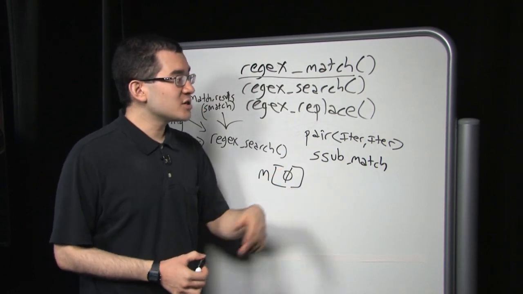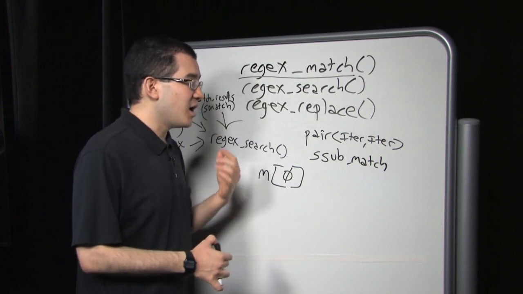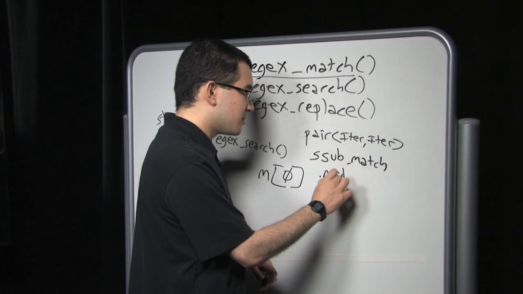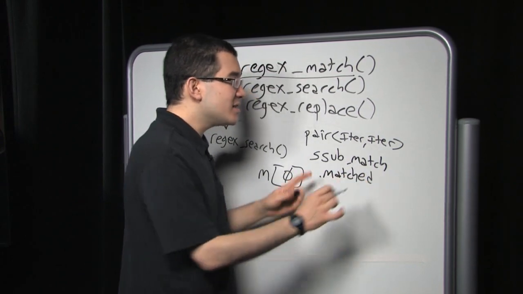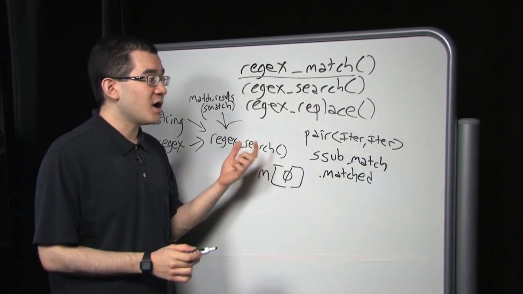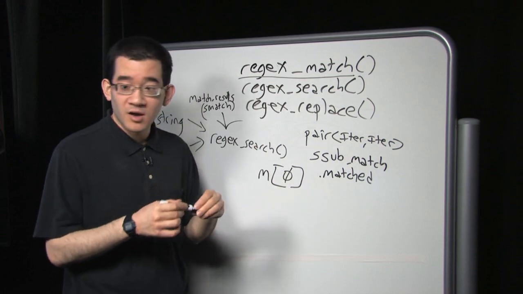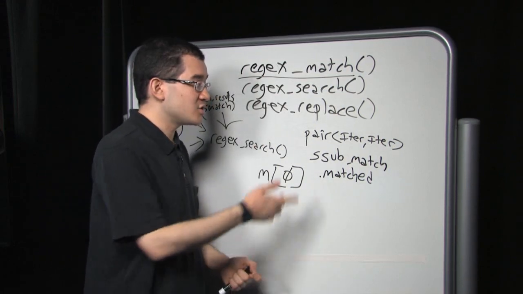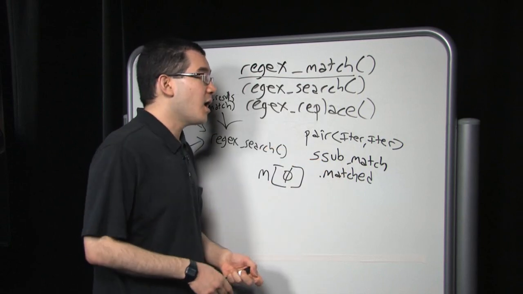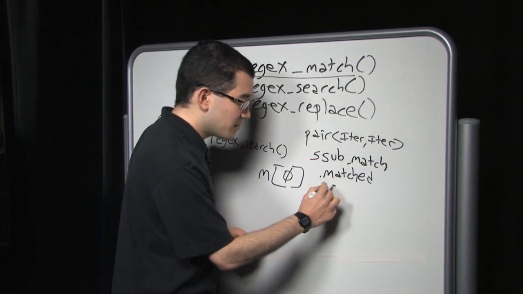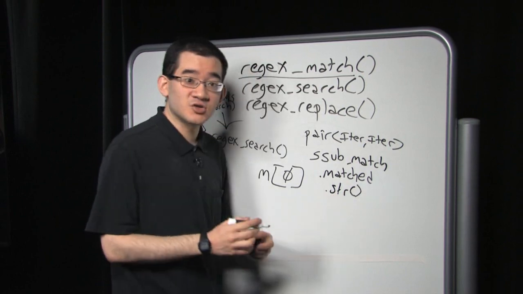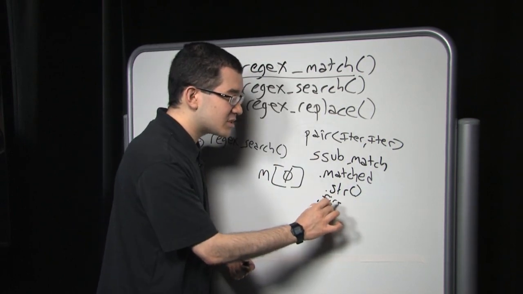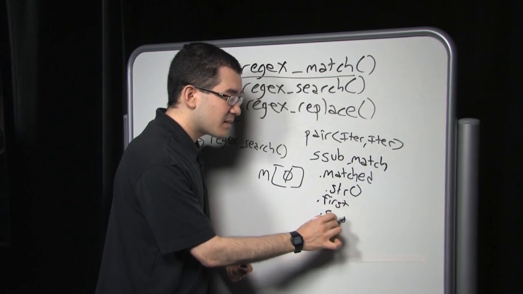And what submatch does is it adds another member called matched. You can ask, okay, did this submatch participate in this match with the regular expression? And it also adds conversions, so you can convert this to a string. You can also ask for .str to explicitly request a string. And of course, because it derives from pair, you can ask for .first and .second.